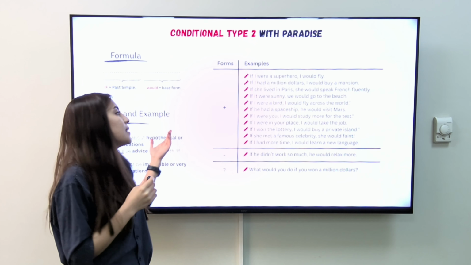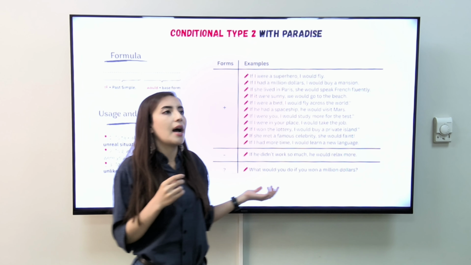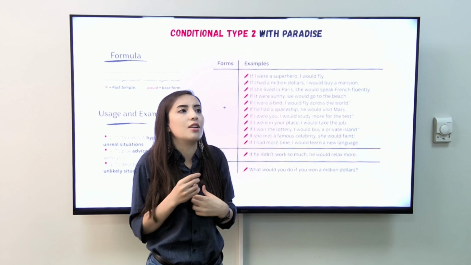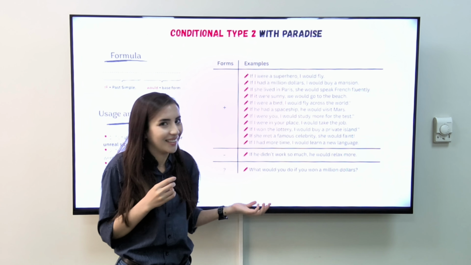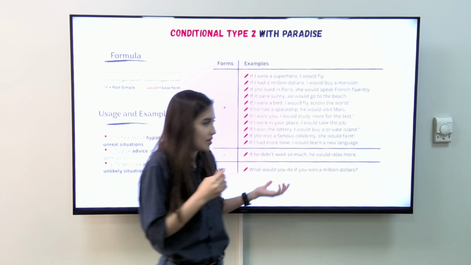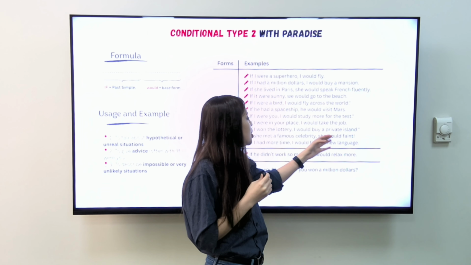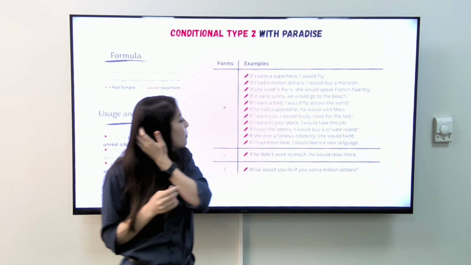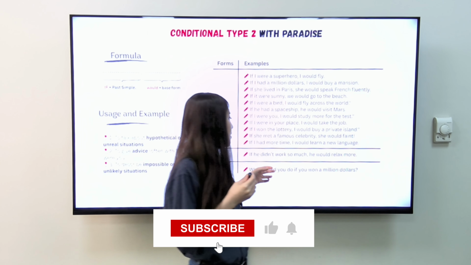And also, it is hypothetical because, imagine, I haven't even enrolled for a lottery. So there's no chance for me to win. If she met a famous celebrity, she would faint. You see, it's very unlikely to happen.